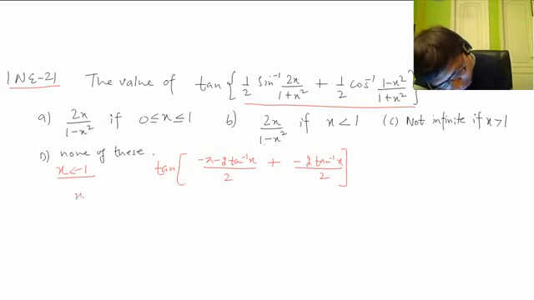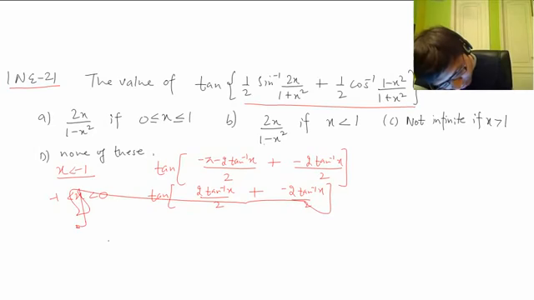Right, and then for x between minus 1 and 0, it is tan of pi minus 2 tan inverse x, divided by 2, and on this side we have again minus 2 tan inverse x divided by 2. So I'm replacing the compound pieces of this.